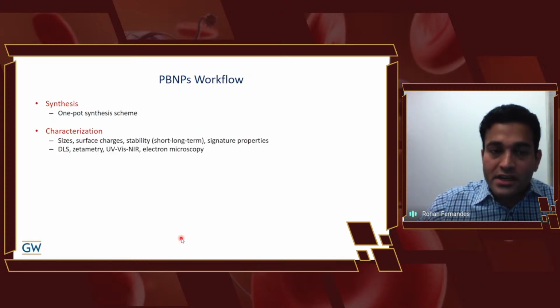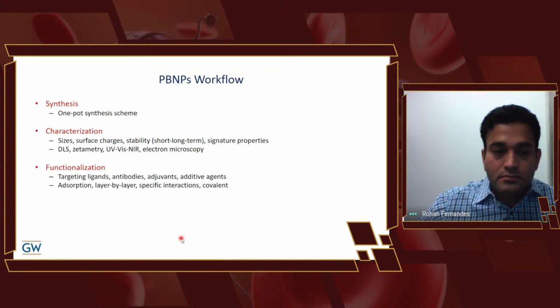After we synthesize the nanoparticles, we isolate them, and then we characterize them for their size distributions, their surface charges, their short and long-term stability, and other signature properties. We also use techniques such as dynamic light scattering, zetametry, absorbance spectroscopy, and electron microscopy.